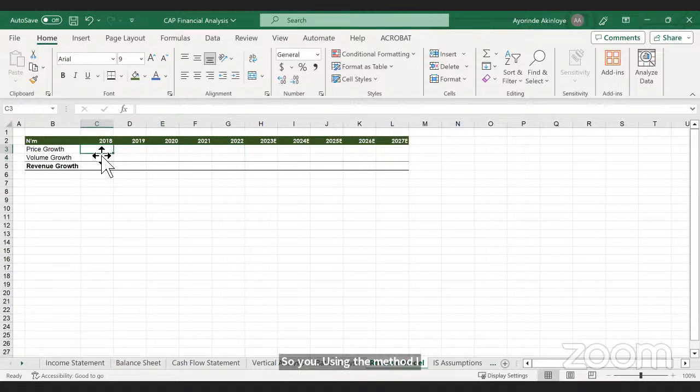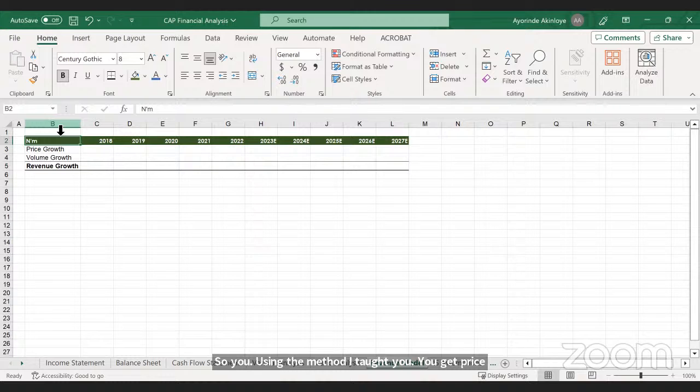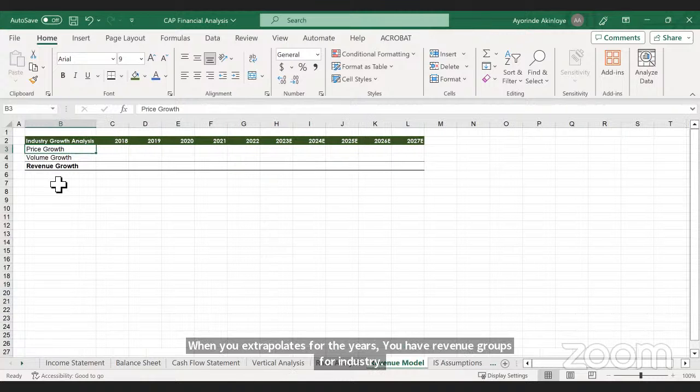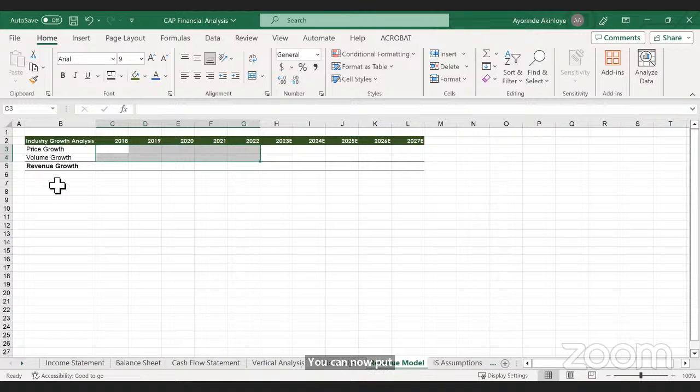You get price growth and revenue growth. Make sure you put it here, maybe under industry growth analysis, because you want to use the industry to extrapolate for CAP. When you extrapolate for all the years, you have revenue growth for the industry. You can now put CAP revenue growth under here, right?